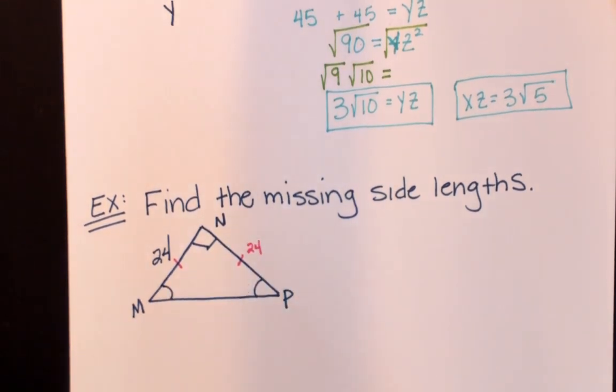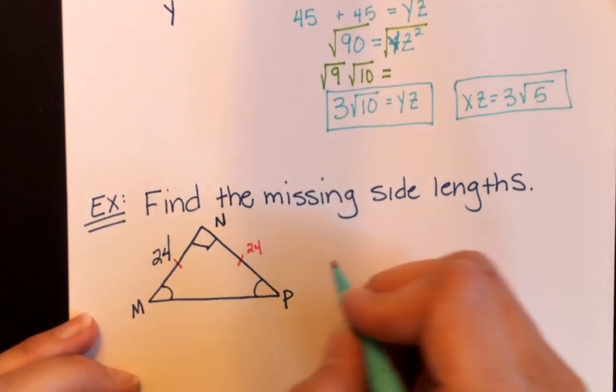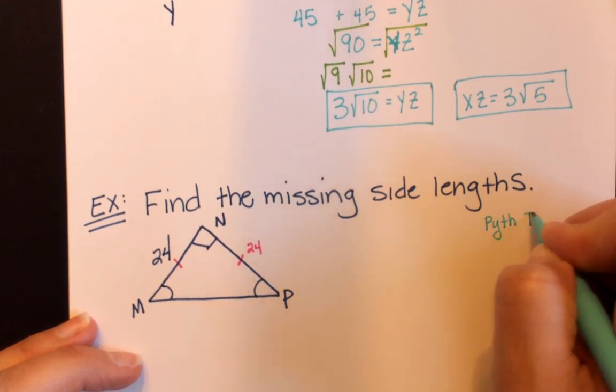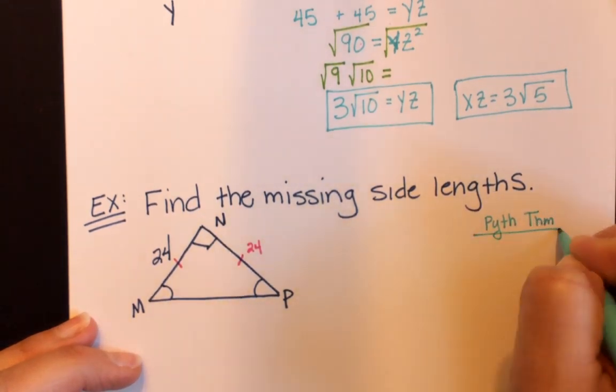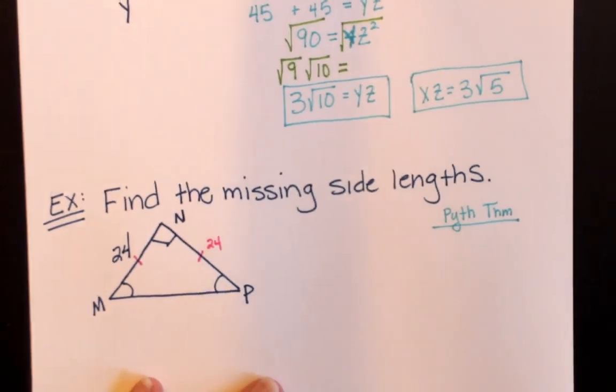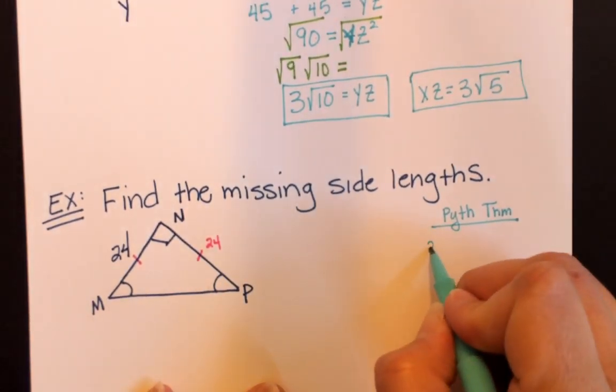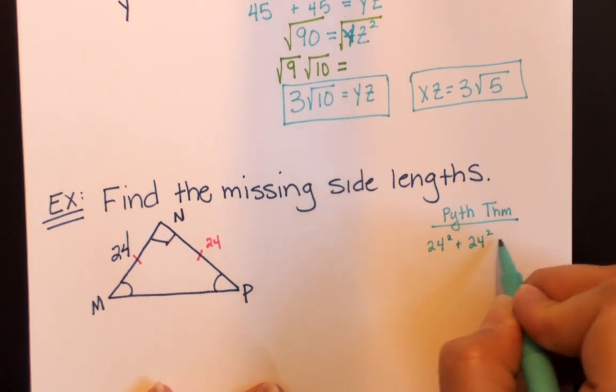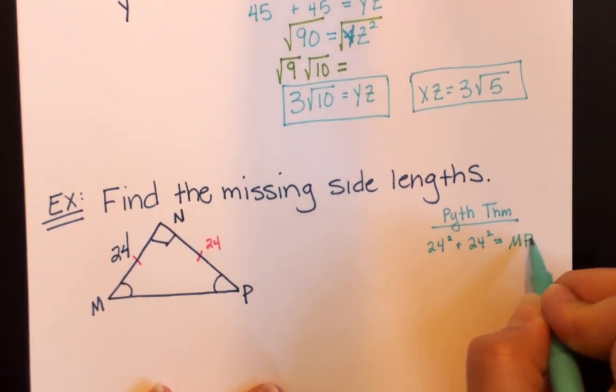And if I stick strictly with the Pythagorean theorem, I'm going to put them over here now for a reason. I know that this is going to turn out to be 24 squared plus 24 squared equals MP squared.